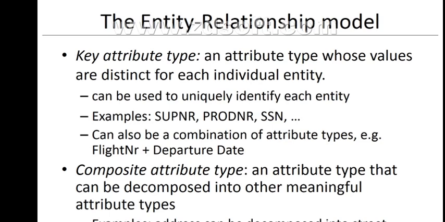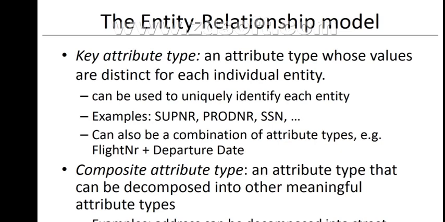However, the same flight number is used on each day to represent a particular flight. In this case, a combination of flight number and departure date is needed to uniquely identify flight entities. It is clear from this example that the definition of a key attribute type depends upon the business setting.